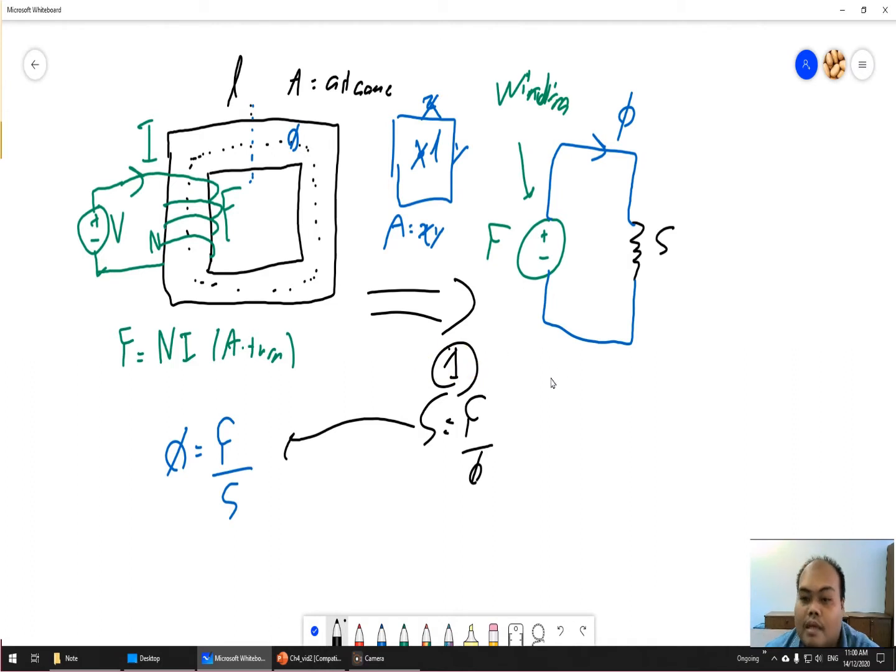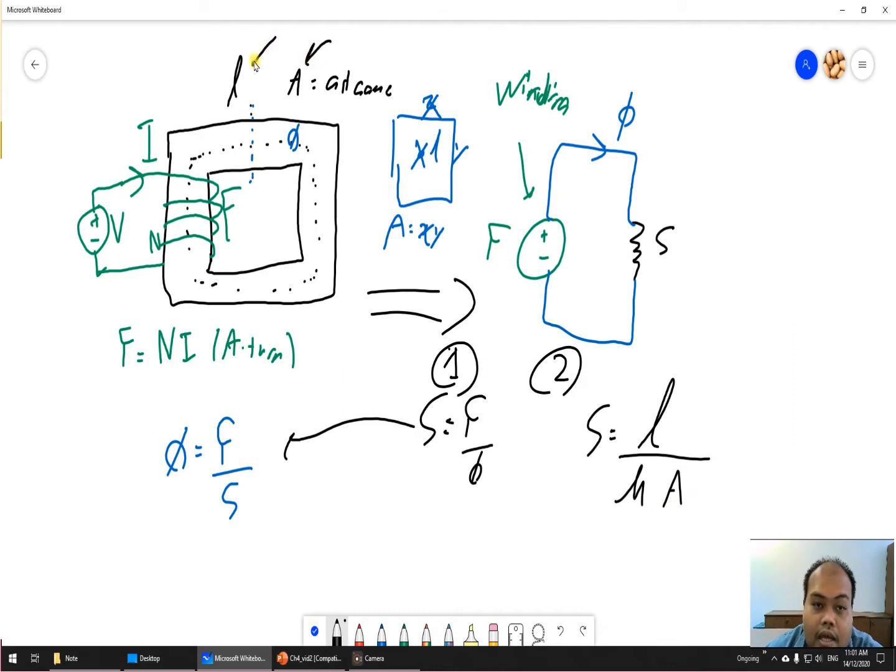The second formula is S equals length divided by mu A. So A is here, and you can get A and L, the length, and mu.